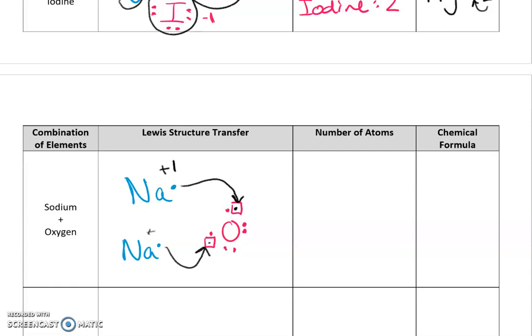So each sodium atom now has a positive 1 charge. The oxygen atom now has 2 extra negative charges. It has gained 2 electrons more than what it would typically have. So it is negative by 2 charges. So they have formed charges, and that's why they're called ionic bonds. They're forming ions here.